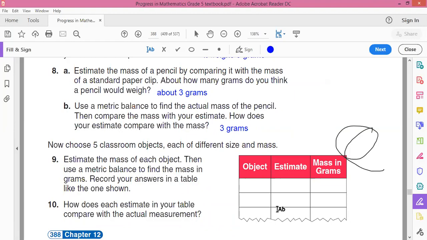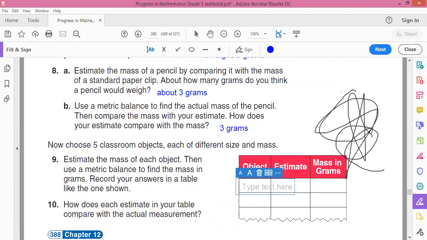Okay, who will tell me any object in your classroom? Teacher, we haven't a board marker in class. No, just desk. No, in grams. They said to use a metric balance. Can we measure the desk in our metric balance?